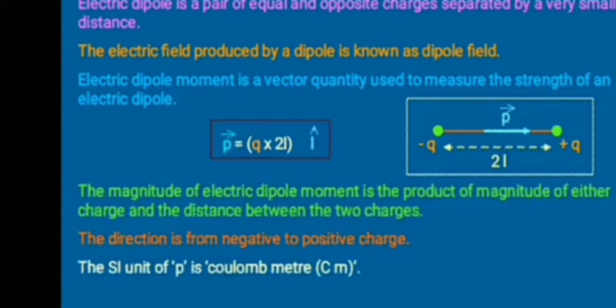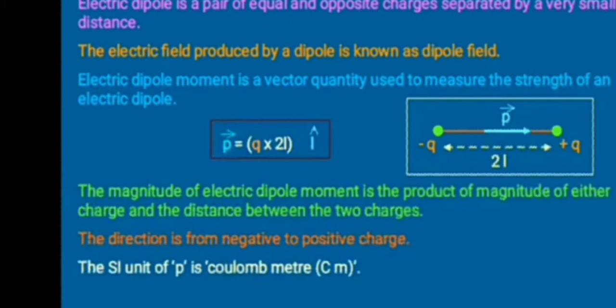Electric dipoles are observed in atoms and molecules. When they are placed in an external electric field, a force will act on the positive and negative charges, and the dipole will rotate. Its dipole moment P is given by the product of the charge and the distance between the two charges, twice L. P is equal to Q into 2L.